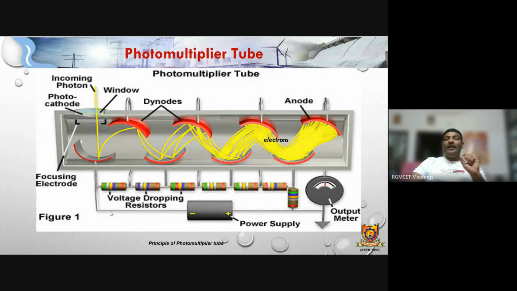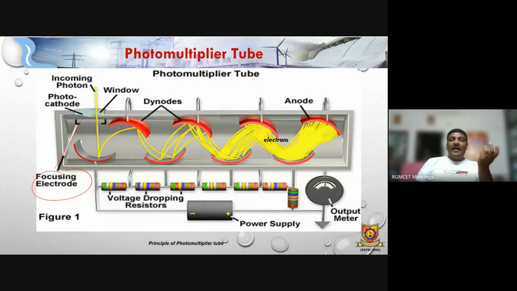There is also the photomultiplier tube, where we pass the light ray. Here the focusing electrode will be there, through which the light enters. Whenever it falls on this, there are anodes: anode 1, anode 2, like this. The anodes collect the electrons.